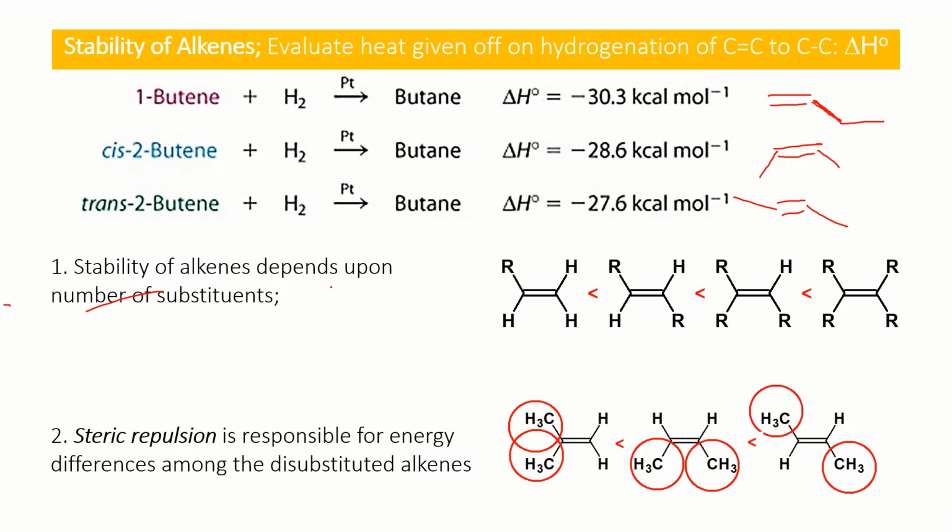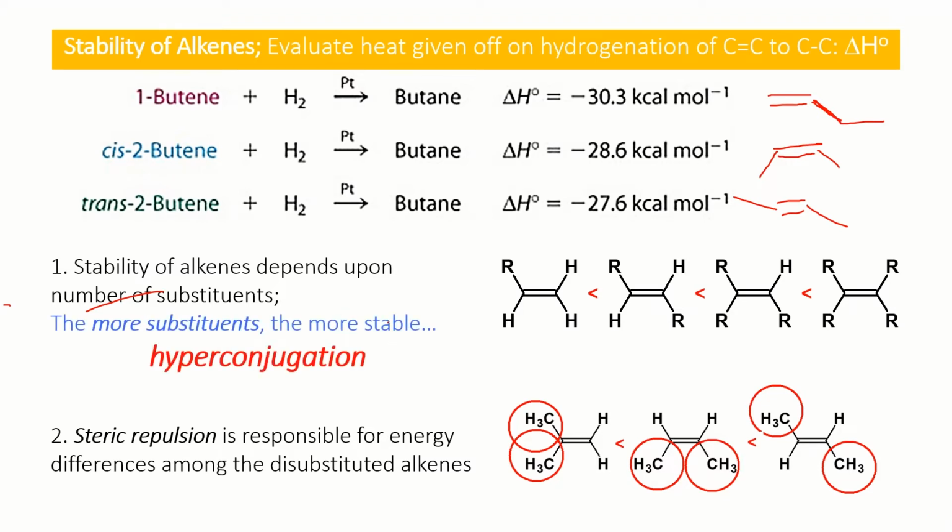This is due to hyperconjugation. The more substituted an alkene, the more stable it is. And as you can see, for example, here, in order of stability, tetrasubstituted is the most stable series of alkenes.